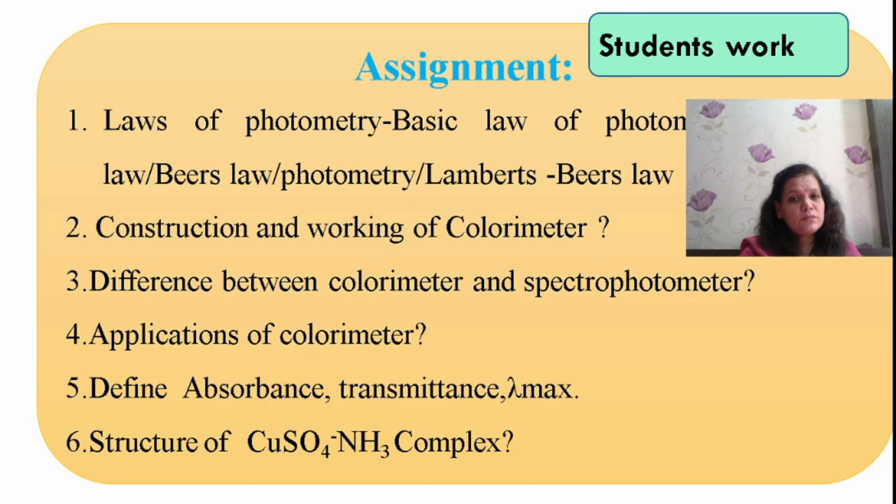You should know the construction and working of colorimeter, difference between colorimeter and spectrophotometer, various applications of colorimeter, or simple terms like absorbance, transmittance, lambda max or structure of copper sulfate ammonia complex. I have given here some revised information which will be useful for you to complete this assignment or to give the oral based on this particular experiment.